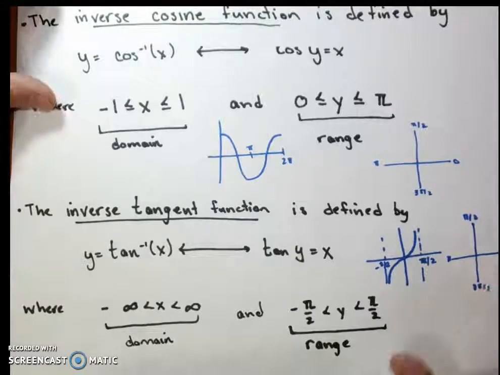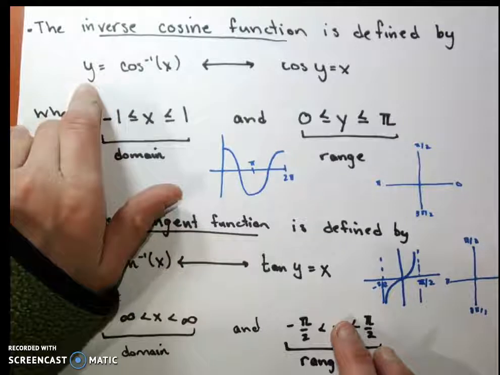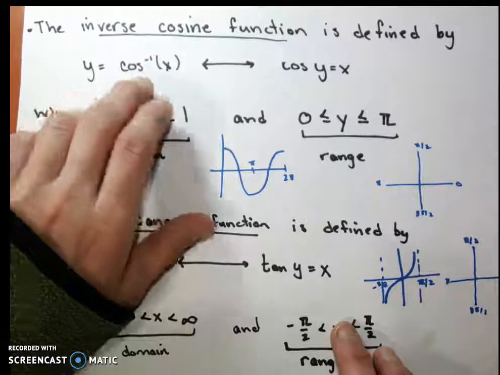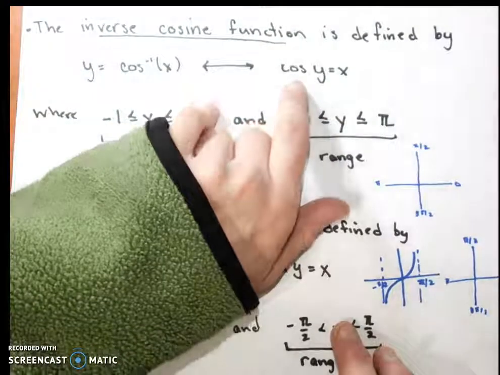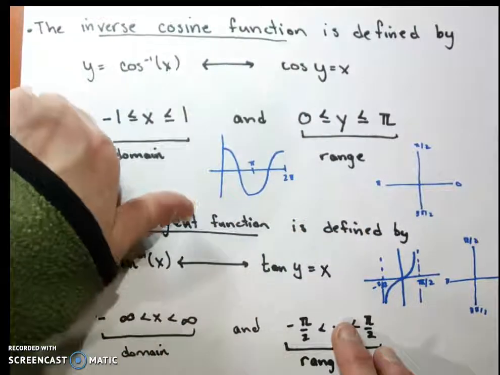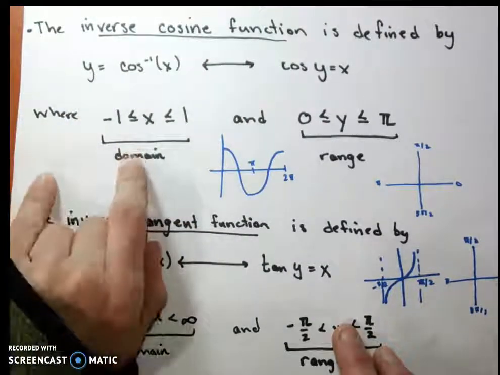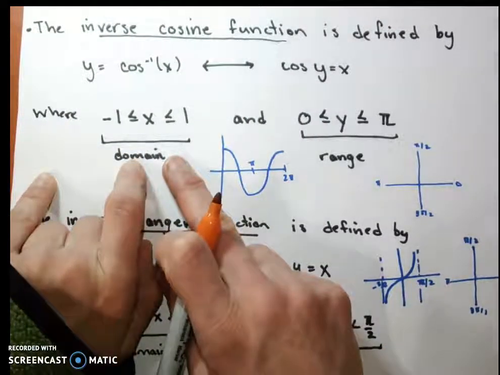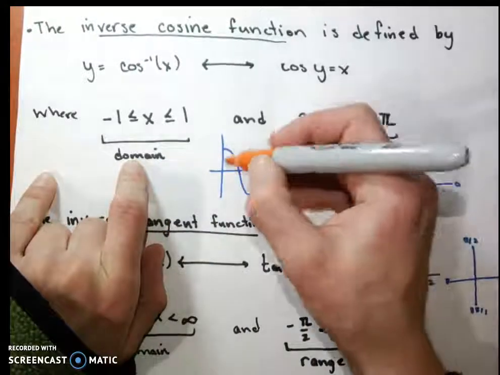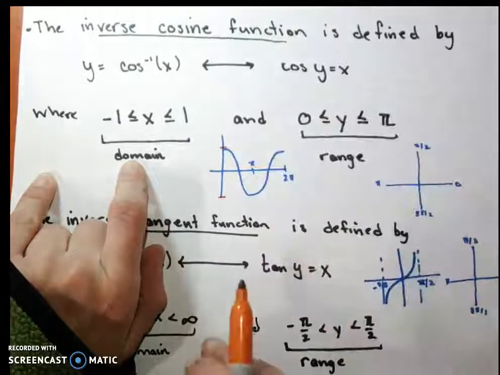So the inverse cosine function is defined similarly. If cosine of y equals x, then cos inverse of x equals y, and vice versa. The restriction is that my domain has to be between negative 1 and 1, because the cosine function only takes y values between negative 1 and 1.